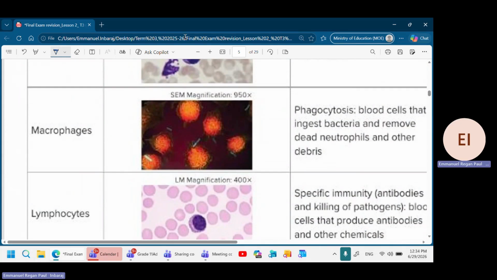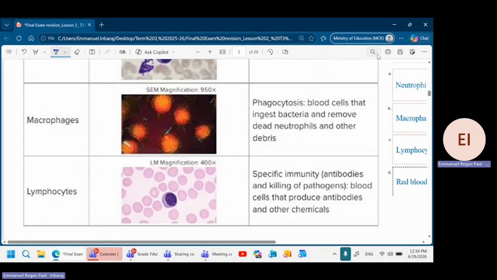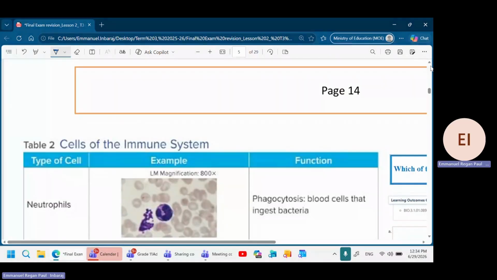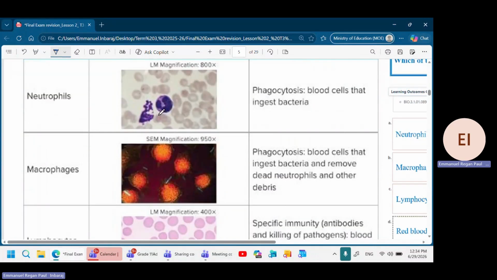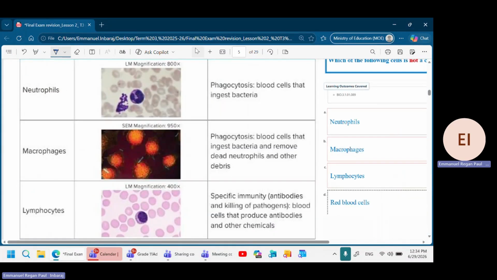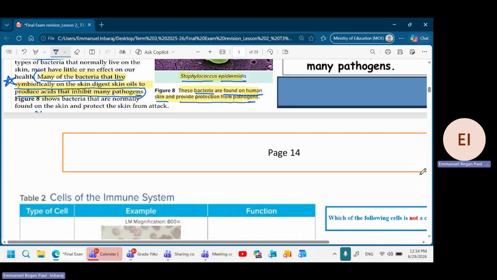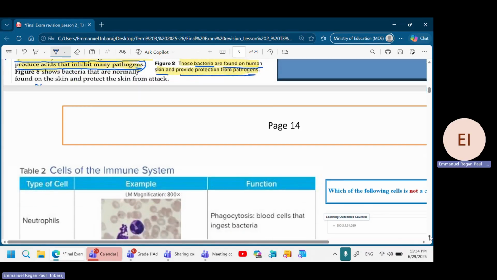So when the pathogens enter the body, you have some non-specific immunity. It's very important. You are getting one question from this table, question number 5. So this table talks about 3 types of cells.